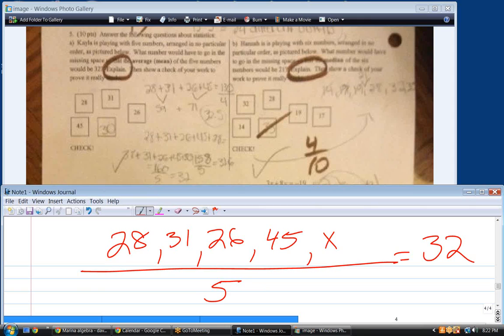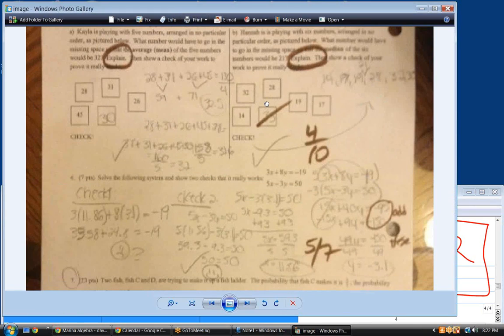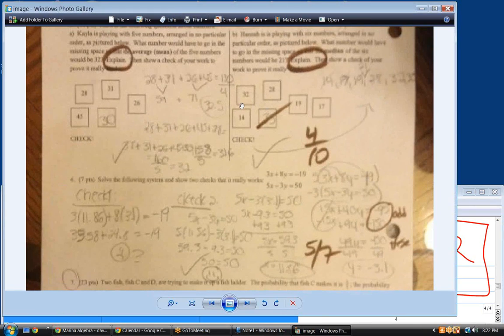As long as you know how to do it, that's the important thing. So basically I would set it up like this, and then I would solve for x. And it's 28 plus 31 plus 26 plus 45 plus x. But I did get the second one wrong.